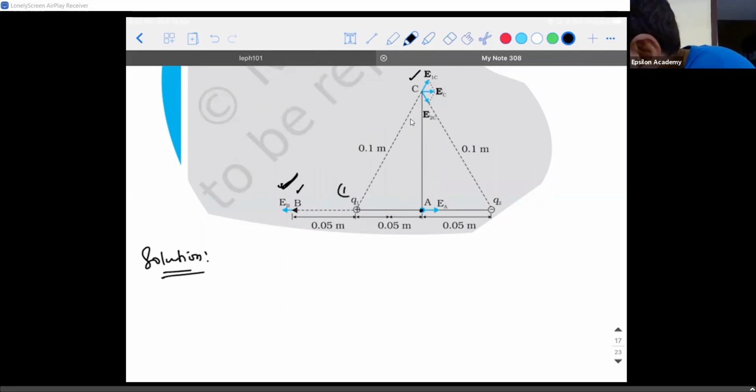If I take this as the first charge and this as the second charge, at point A, the electric field due to the first charge is given by what expression?